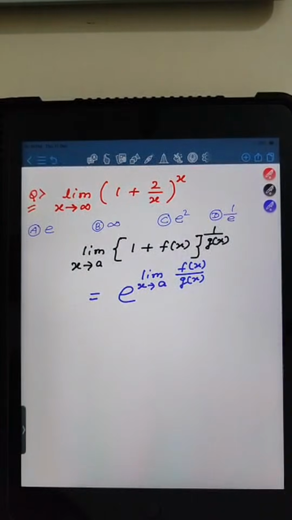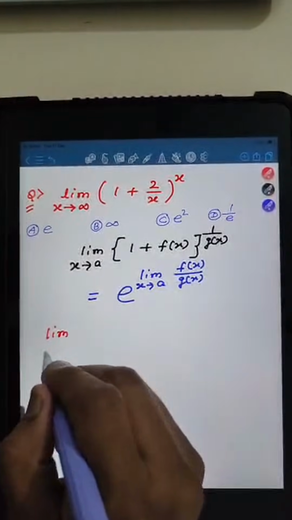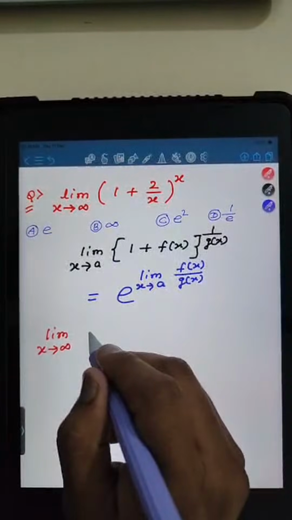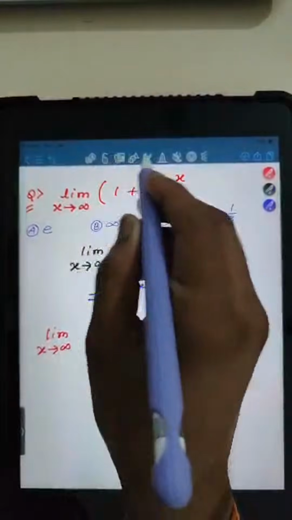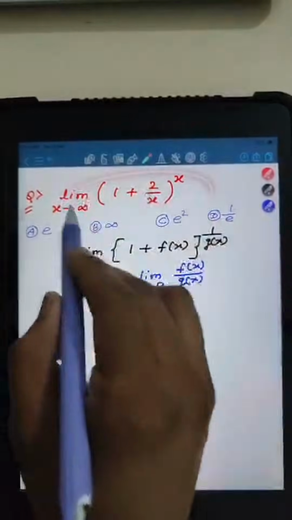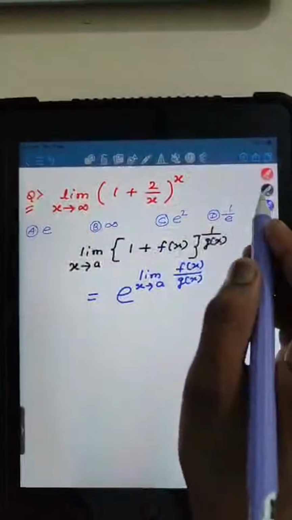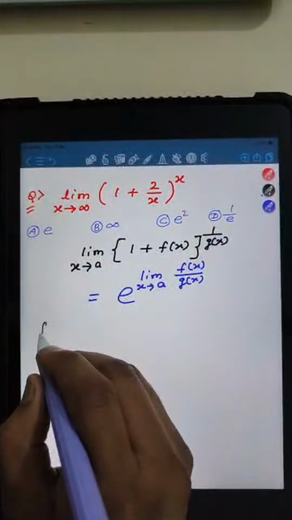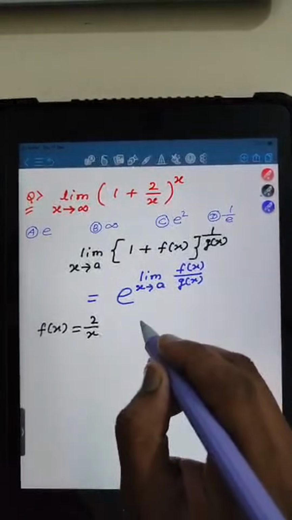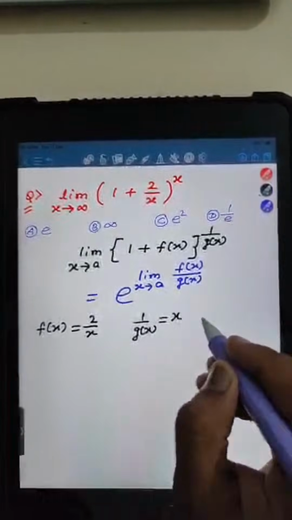When you use this, you will see in the question itself that fx is given as 2 by x. If you compare the two parts, fx is 2 by x and 1 upon gx is x.